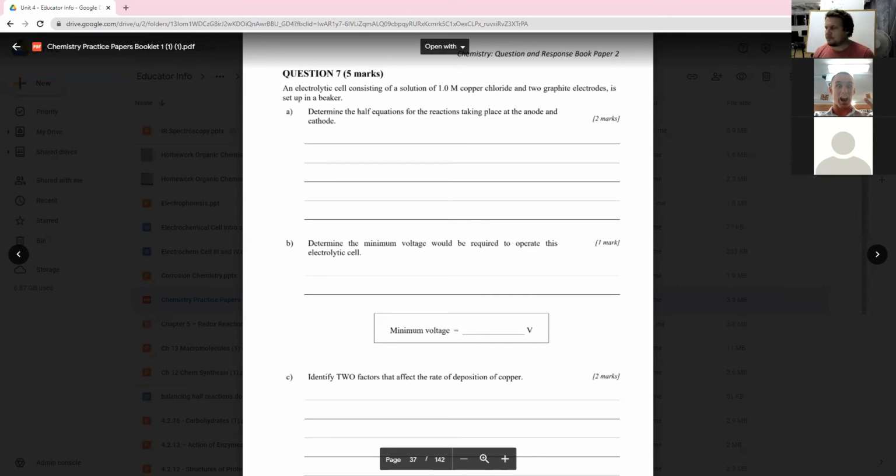So again, if we go back to our basic knowledge of metals and non-metals, we will see that copper will always be reduced. If you look at the reactivity scale in your formula books, we know that at the anode we'll have the reaction of chlorine, 2Cl minus.